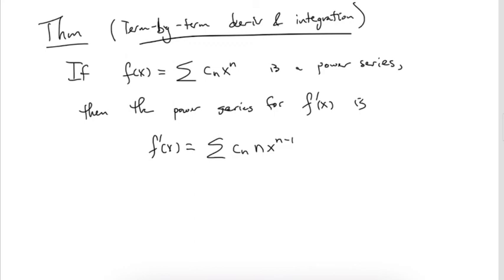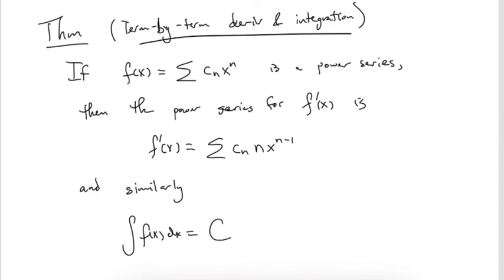All right? So that was about the derivative, and similarly, the integral of f of x dx equals, as we all know, when you do the antiderivative, you always get an extra constant.